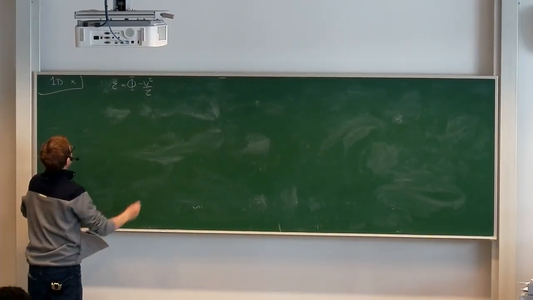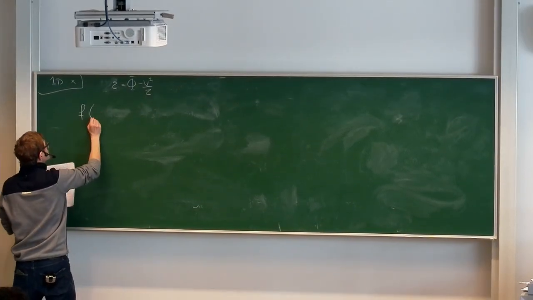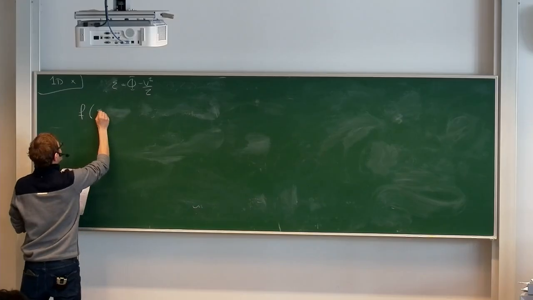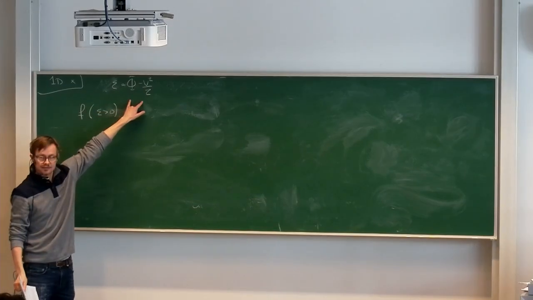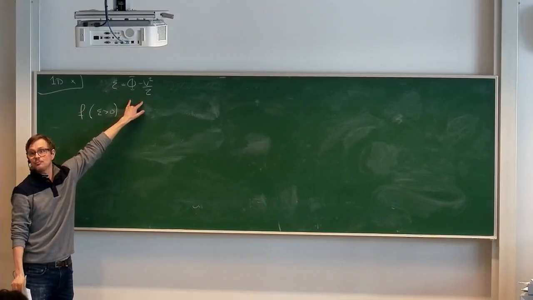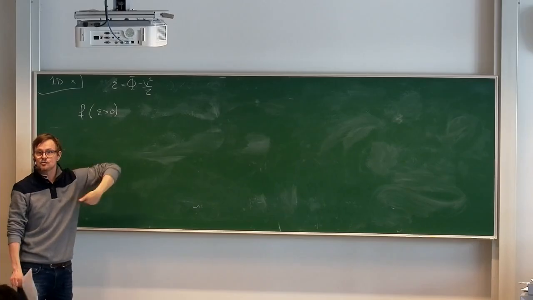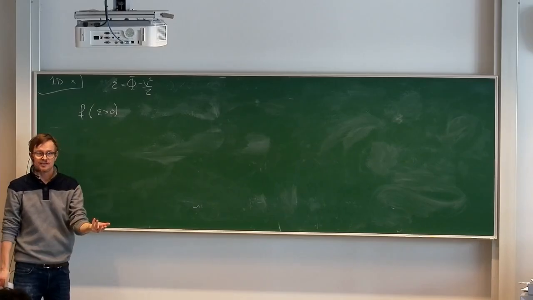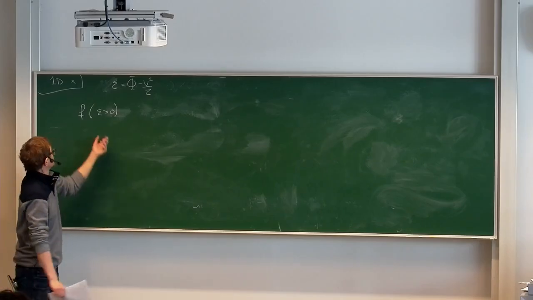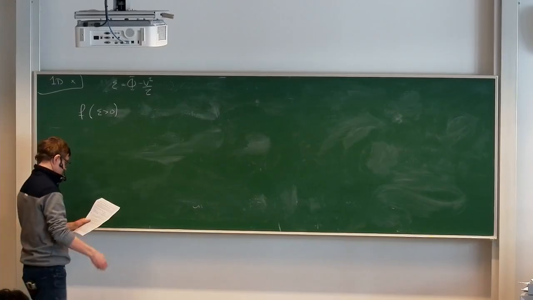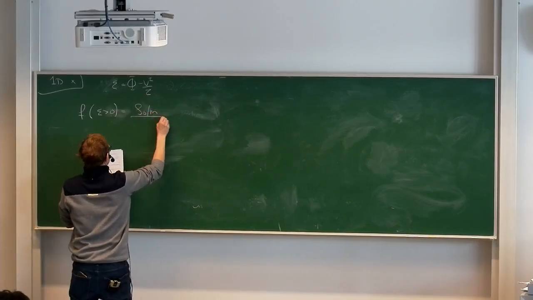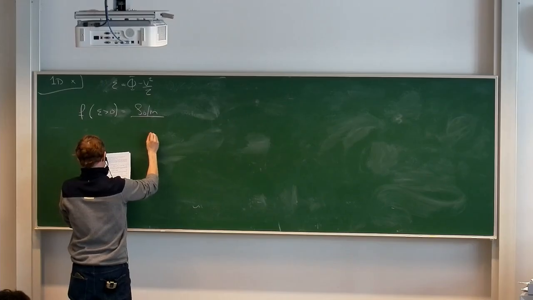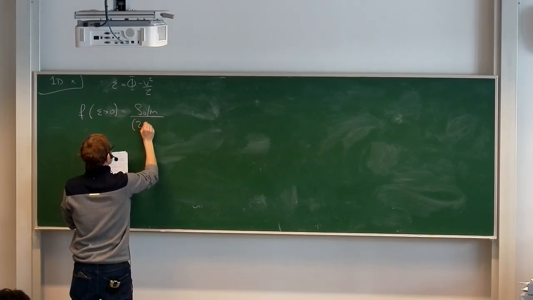Then we can say that the distribution function for epsilon greater than 0, that is when you are still bound. If you have too high velocities, you're flying out. This was the evaporation effect that we talked about before, right? But once you are above there, then you follow the distribution function here, which is just slightly modified.